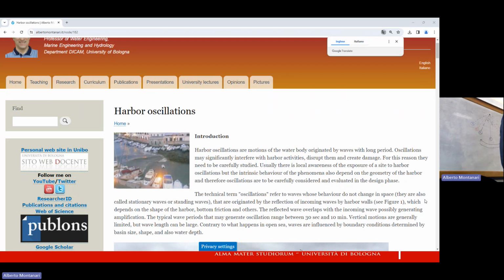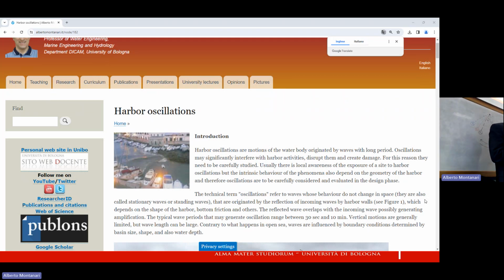Typically, it's quite a long period. For a small harbor it can be between 30 seconds and a couple of minutes. This is the typical range of the characteristic period of a harbor. Again, the period is the time taken by a wave getting into the harbor from the mouth to reach the head and to come back.